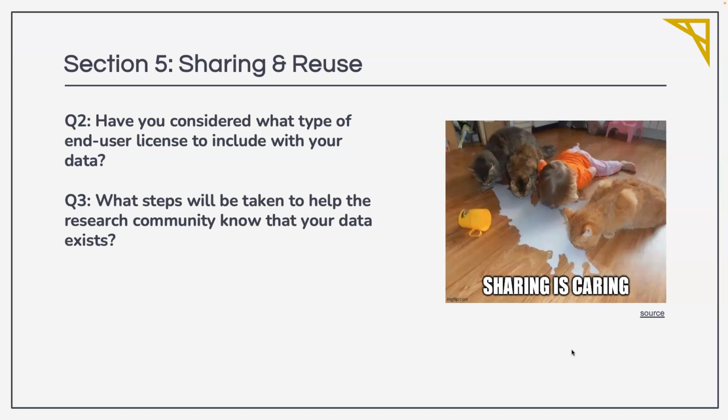And this one, what steps will be taken to help the research community know that your data exists? There's various ways you can go about doing this. This is very discipline specific, but I think this question is making sure that people know that it's out there, that you can attach it to your paper. I think that's one of the most important ways to do this, that when you're publishing a paper and you have deposited your data, the data deposits will mint what's called a DOI.